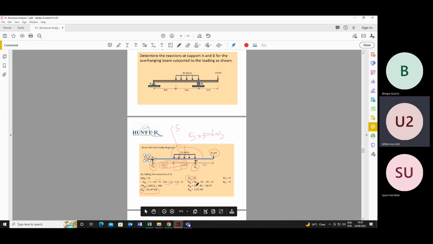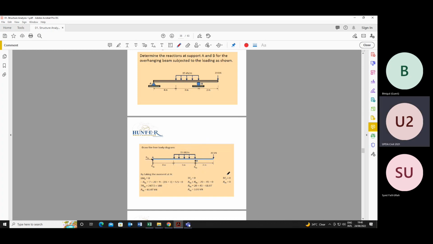So RAY plus RBY minus 20 minus 45 is equal to 0. If we resolve this equation, RAY we will get 3.93 kilonewton. Okay, we got the value of RAY and RBY. So we got both the reactions, and there is one more reaction, RAX.